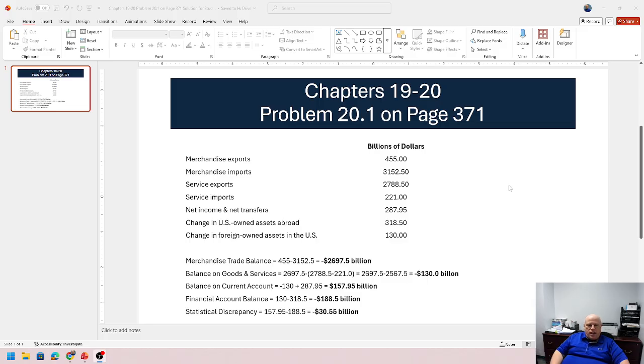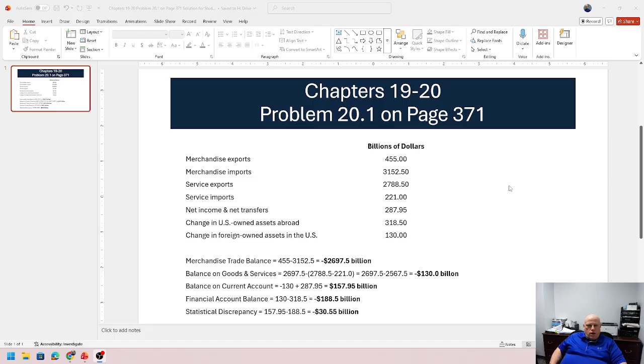You would take the minus 130 billion that we just calculated for the balance on goods and services, and then add the net income and net transfers, which was 287.95 billion. So you would get a value of $157.95 billion. That is a positive number.